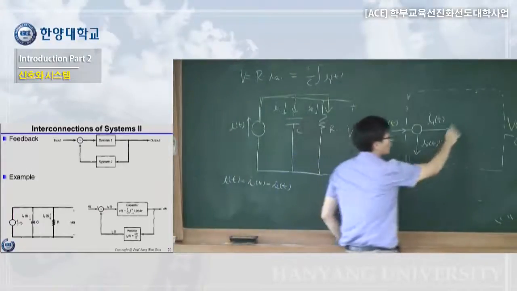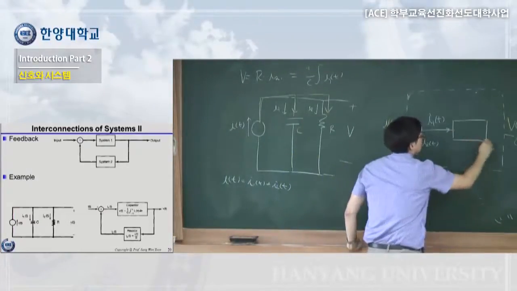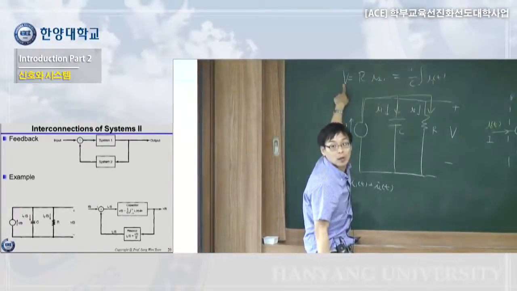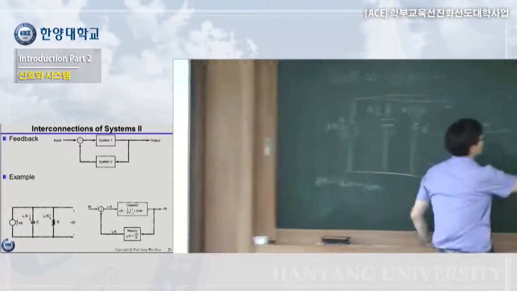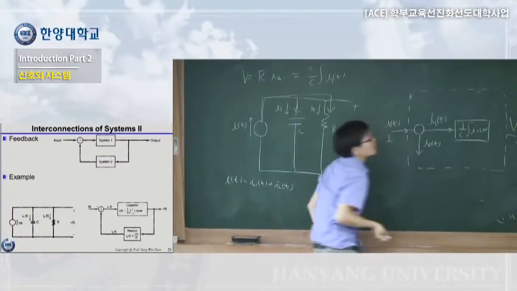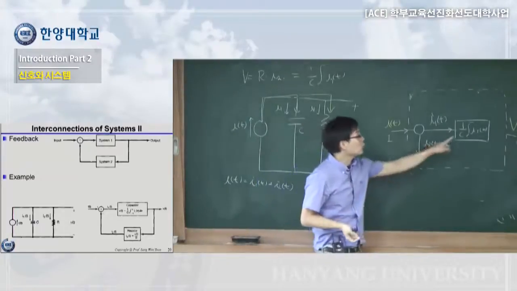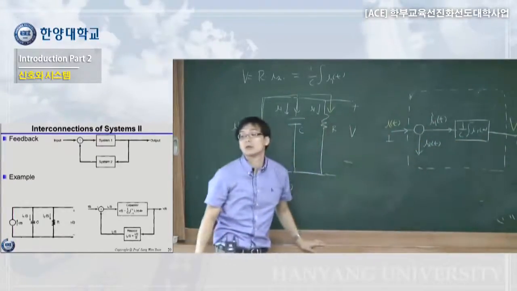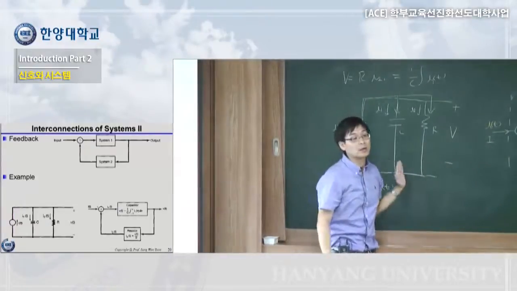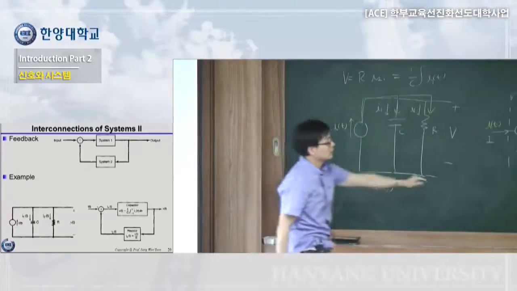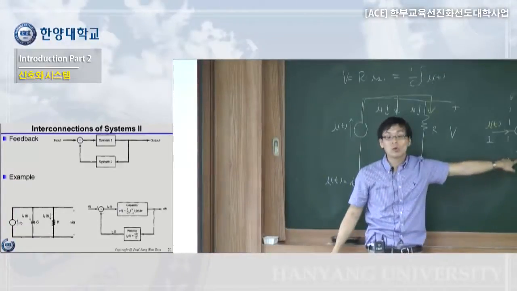What do we need? We need one box, because I1 and output are related in a way like this. So we have integration of I1(t) divided by C, and the output of this box will be the V. Right?